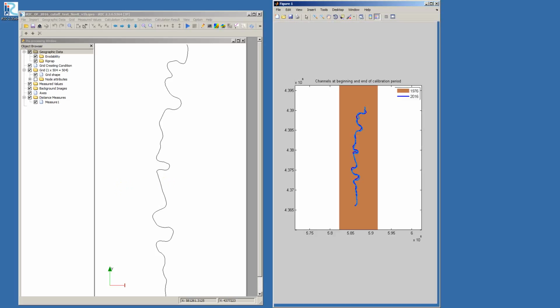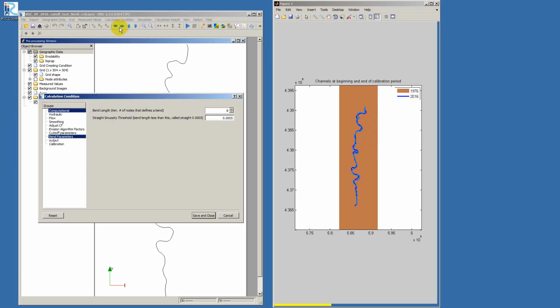This is the same example in MATLAB. Here's the area where the cutoff is, and I am running it from year 2016 in both models. In iRIC this is year 2016, and here the second year is year 2016. I have been careful to match the calculation conditions in both of them.